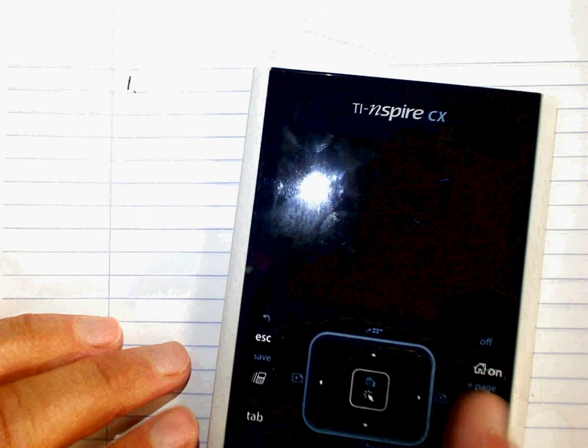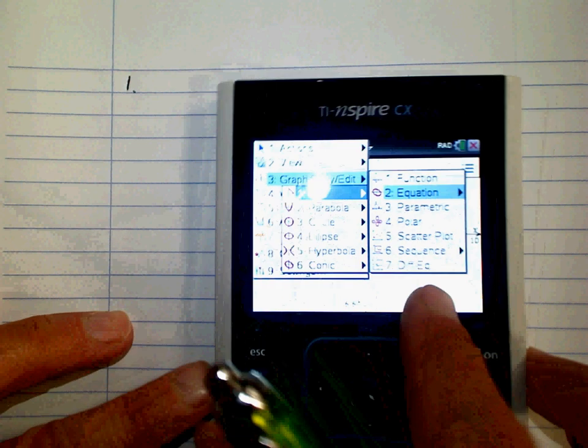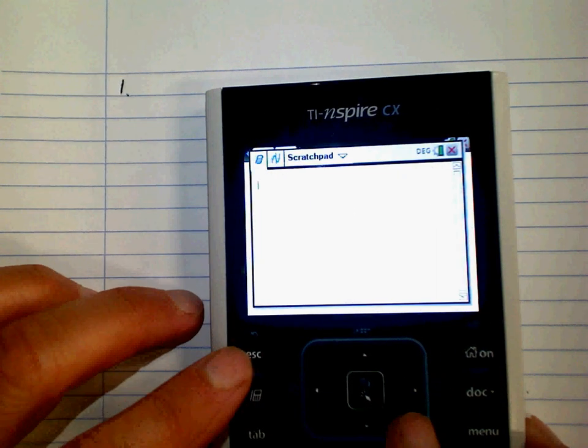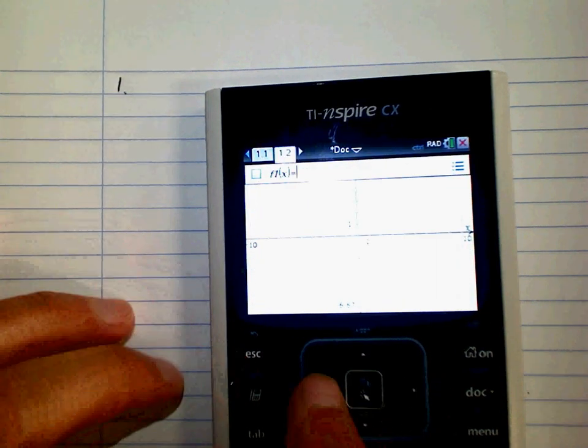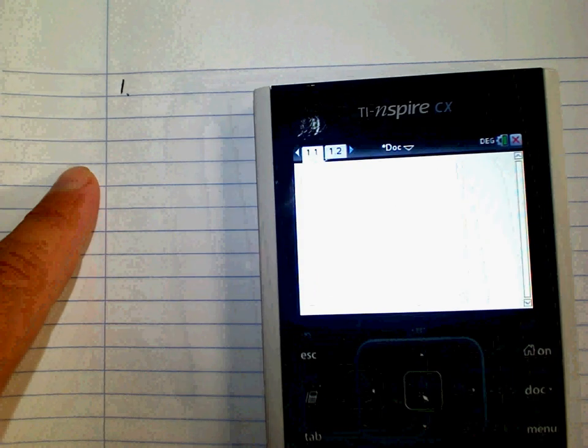Everybody agree? I could numerically solve it, but I'd have to replace any inequality with an equal sign and solve it like it's an equation, and that involves some more steps. So for right now, we only have a little bit of these. We're just going to practice it on paper.